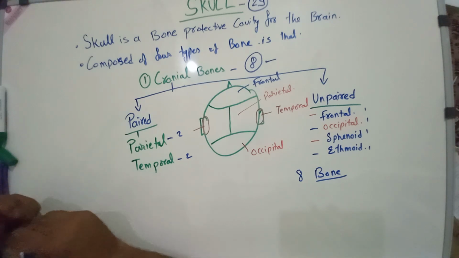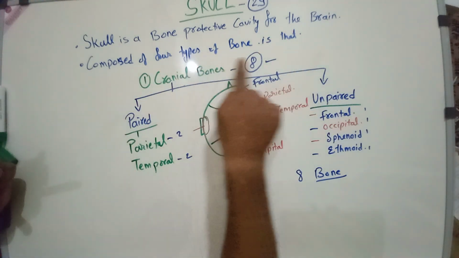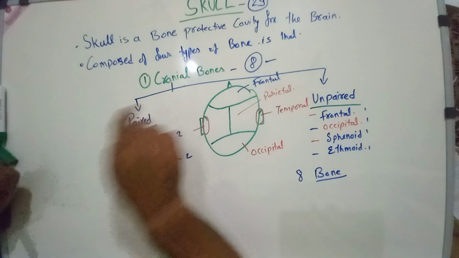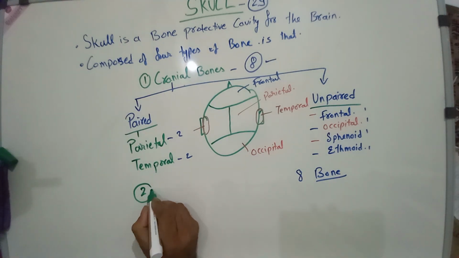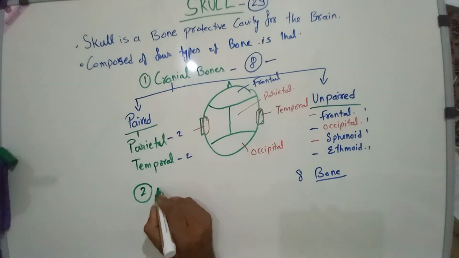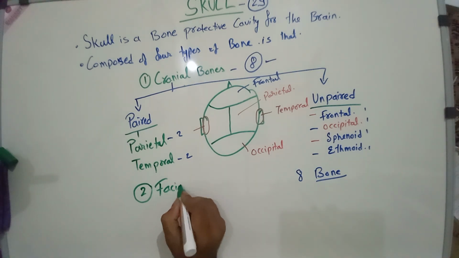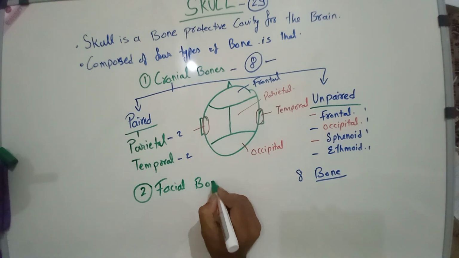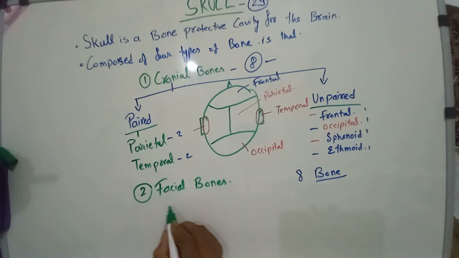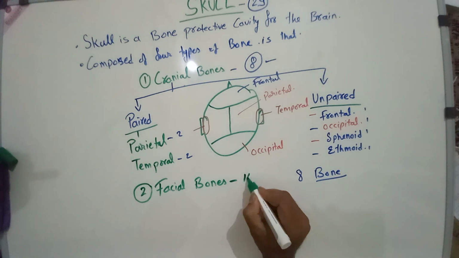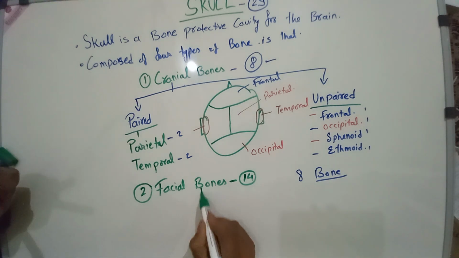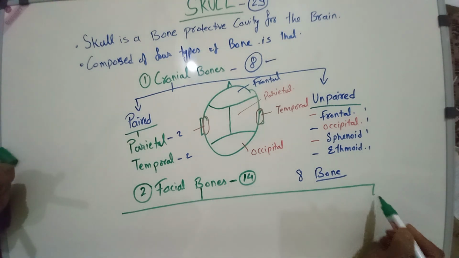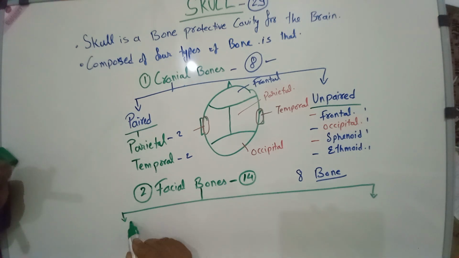We are talking about skull, a protective cavity composed of 4 types of bones. First one is cranial bone and second one is facial bone. Facial bones, how many are they? They are 14 in number, means paired also and unpaired also.